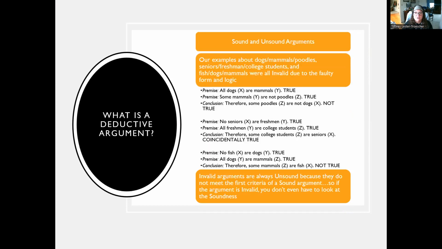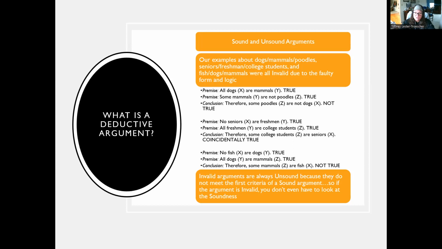Okay, so our examples about the dogs, mammals, and poodles, seniors, freshmen, college students, and fish, dogs, and mammals, they were all invalid due to faulty form and logic, right? Because we had true premises, but untrue conclusions because the pattern was wrong.